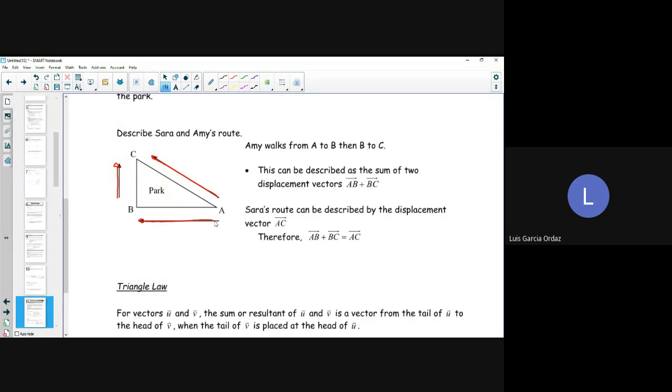As you can see, this works in terms of canceling out. Vector AB plus vector BC gives me AC, which means that the second part of the first vector cancels out with the first part of the second vector, which means that I'm just left with vector AC.